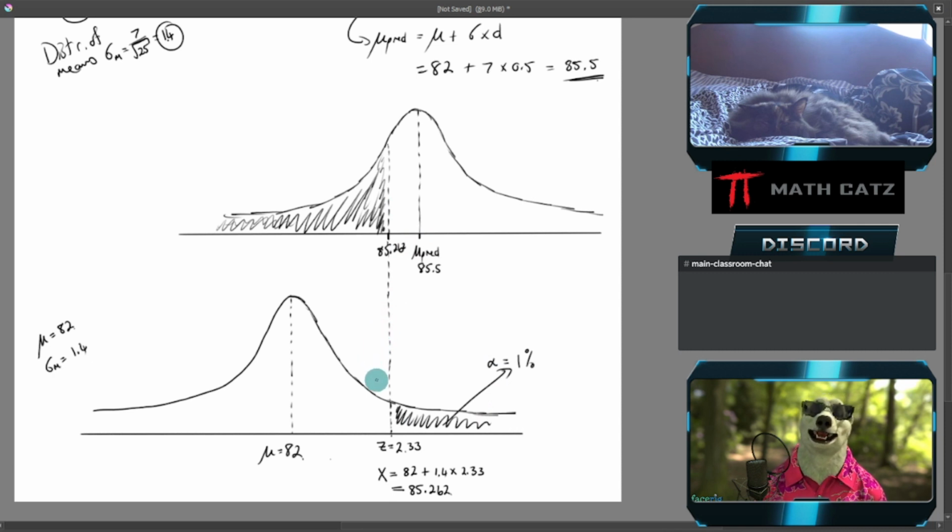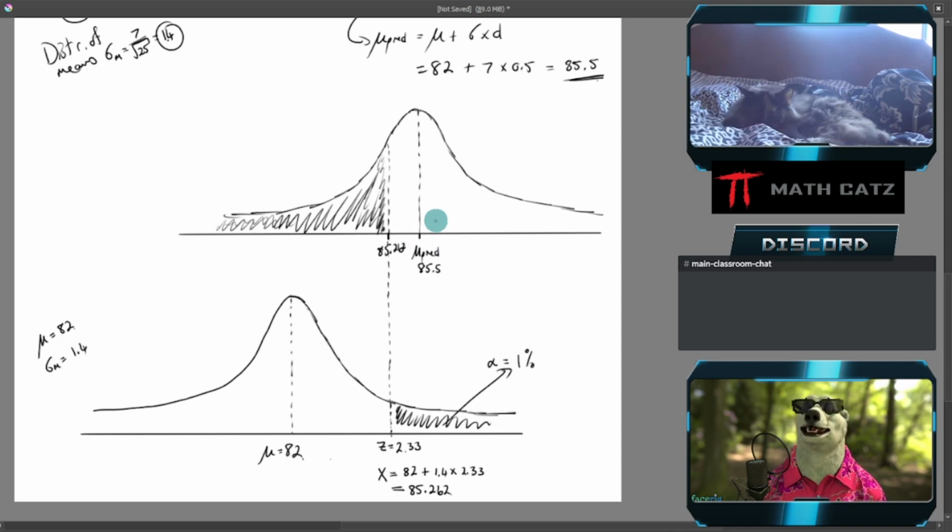null hypothesis is not true, this is not my distribution anymore. What is my actual distribution? Well, my best guess is it's centered at 85.5, and I need a preliminary study or something else to use. It's actually this top one. So the probability then needs to be analyzed using the top distribution.